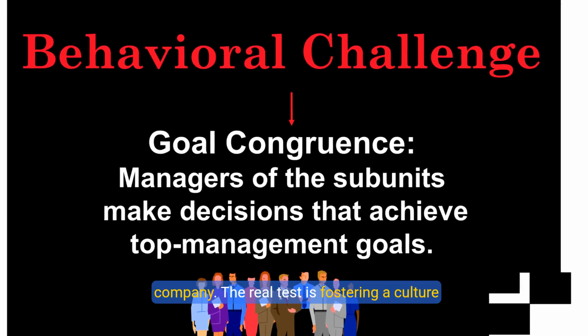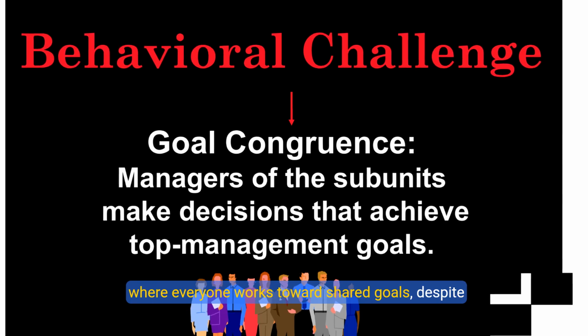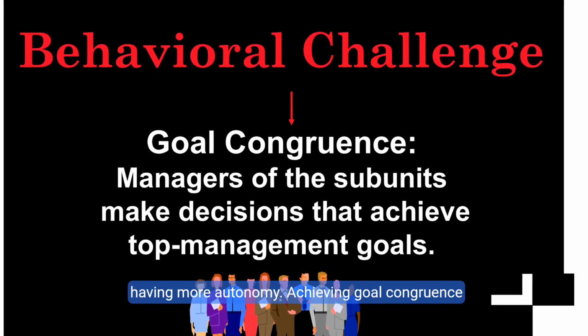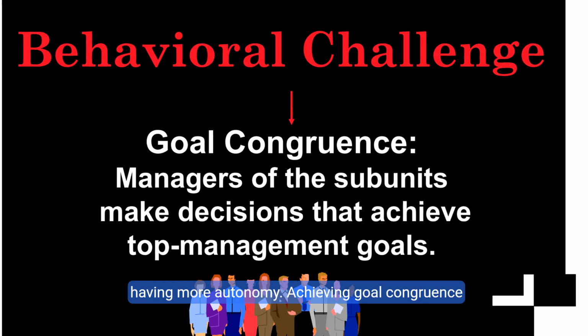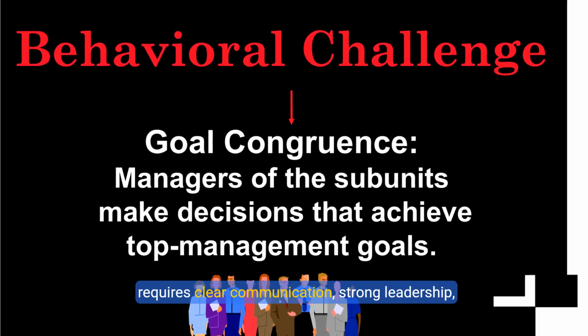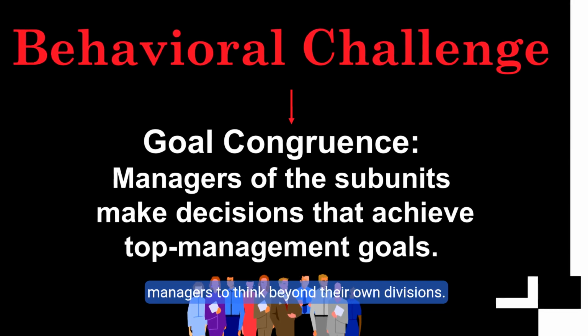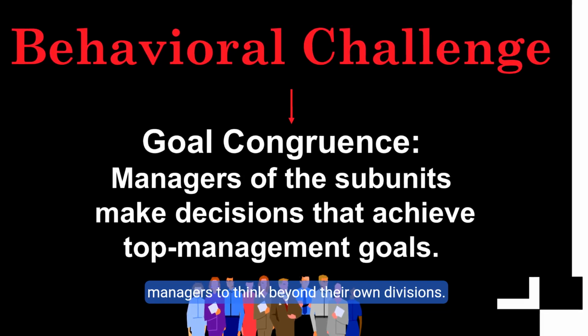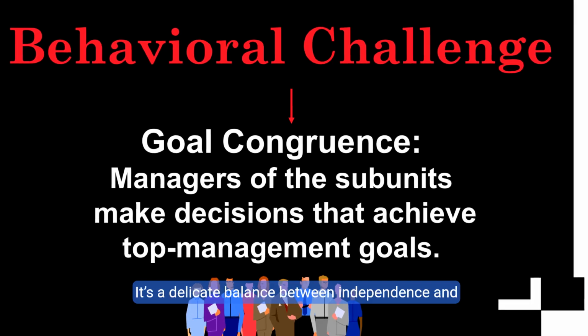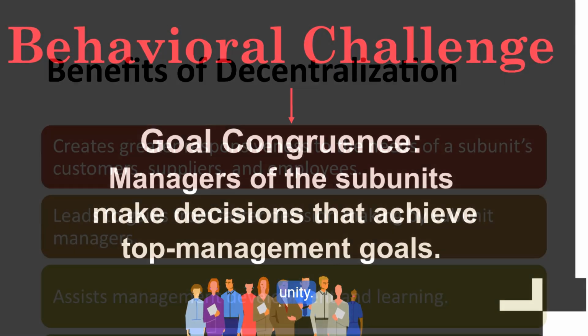The real test is fostering a culture where everyone works toward shared goals despite having more autonomy. Achieving goal congruence requires clear communication, strong leadership, and well-designed incentives that encourage managers to think beyond their own divisions. It's a delicate balance between independence and unity.